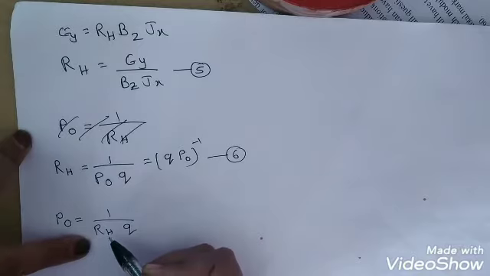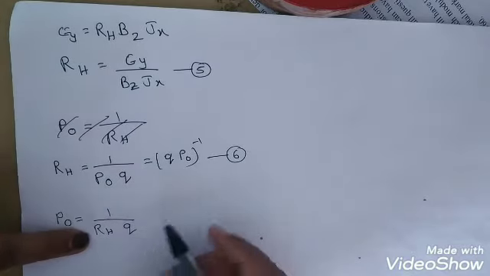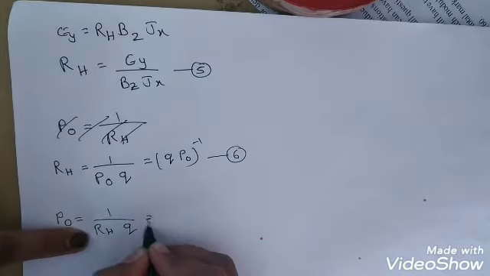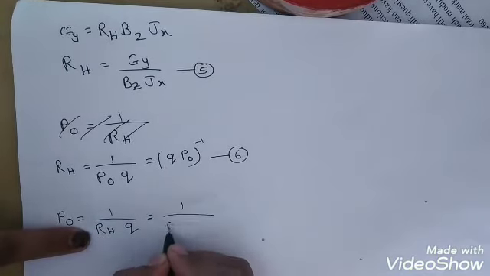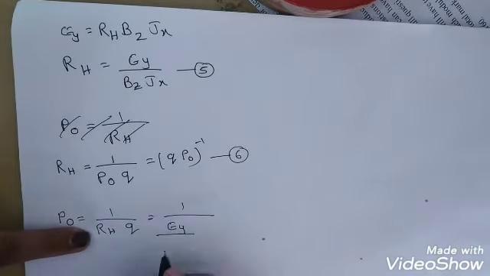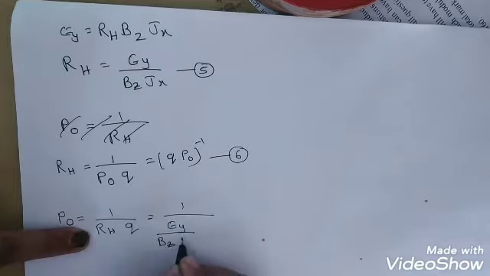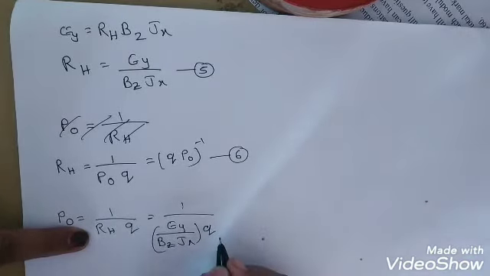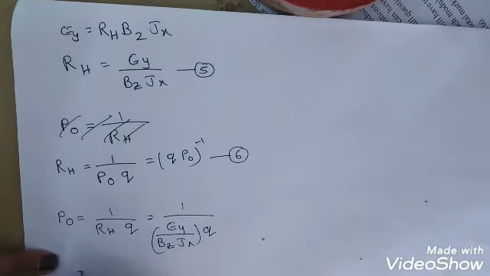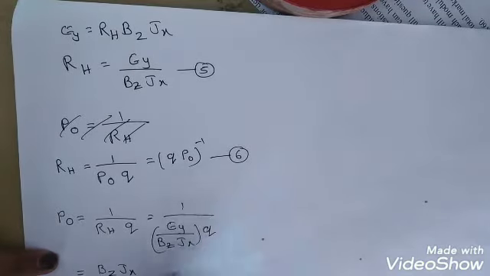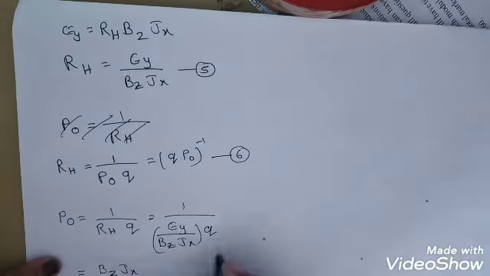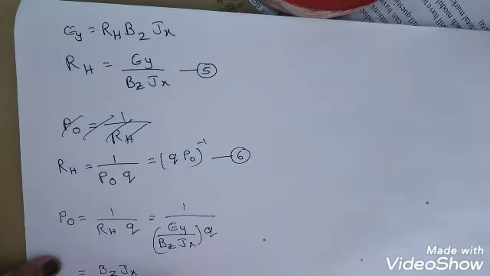The value of RH we know from equation number 5, so I can substitute that equation over here. That is 1 by Ey divided by Bz Jx, into Q. After rearranging, Bz Jx will go to the numerator, divided by Q into Ey.